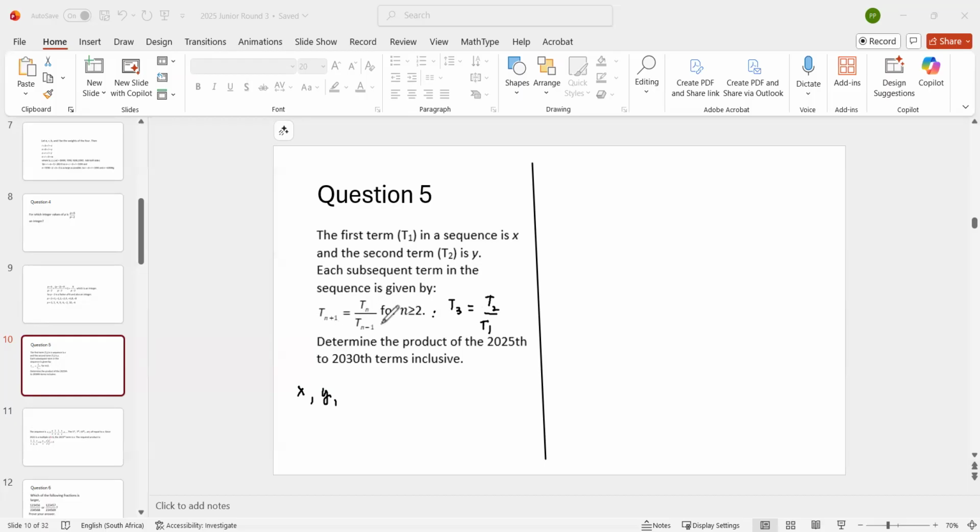Now we have a picture of this, because n minus 1, n, and n plus 1 are 3 consecutive numbers, right? And this is the largest. So t2, we already know, is the second term, over the first term, so that's y over x. All right, so the third term is y over x.